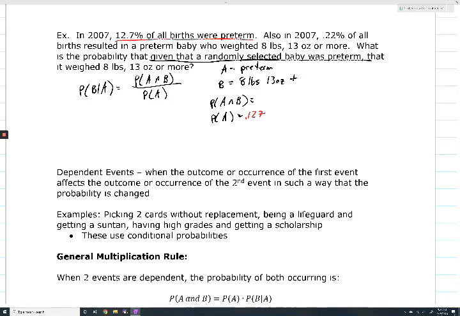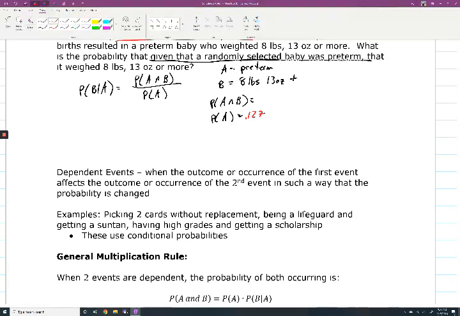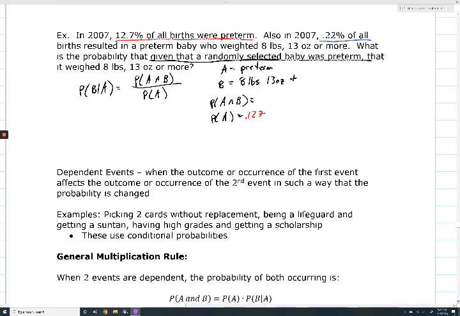So that gives me my probability of A. Then 0.22% of all births resulted in a preterm baby who weighed more than that. And so that is both A and B, because it's preterm babies that weighed more than that weight. So this gives us 0.0022.